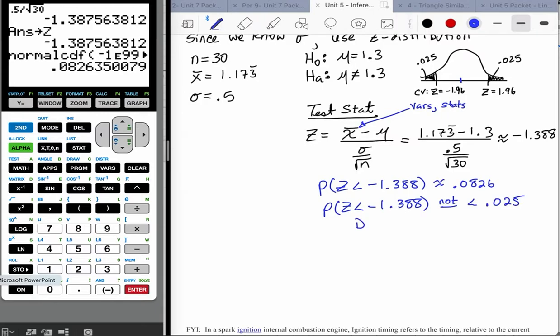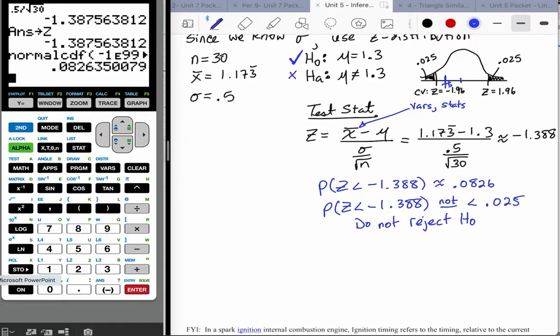So do not reject the null hypothesis. It always feels like a little bit of overkill because the negative 1.388 didn't fall in the rejection area. My test statistic fell in the non-shaded region, not the shaded region. The shaded region would tell us to reject the null hypothesis. The non-shaded region is telling us not to reject it. So we already knew not to reject the null hypothesis.